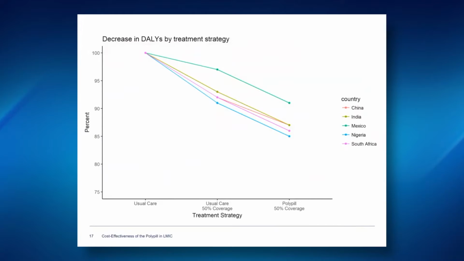So 100% is the current projected set of dialyses that you would expect. In the middle column, usual care at 50% coverage, this is prescribing the individual medications to 50% of the eligible population. And the right side is prescribing the polypill to 50% of the eligible population. We don't expect huge decreases in dialyses, even if you increase coverage to 50%. It decreases dialyses by maybe 15%, the most in Nigeria, but in Mexico, not as much.